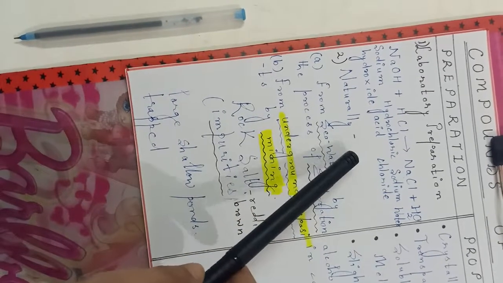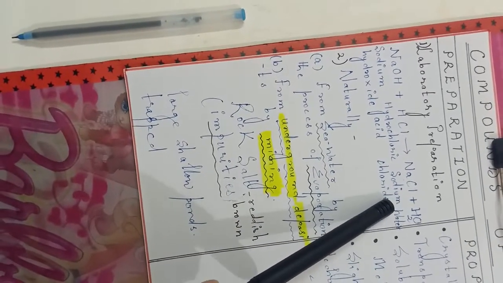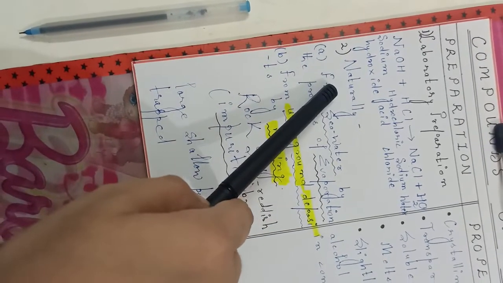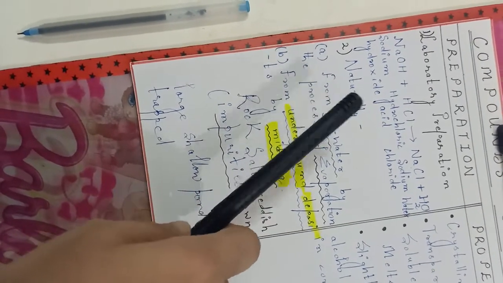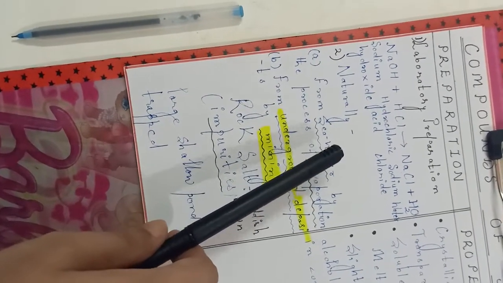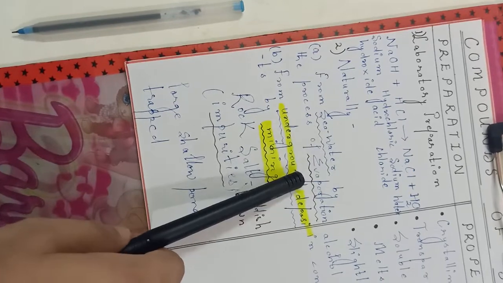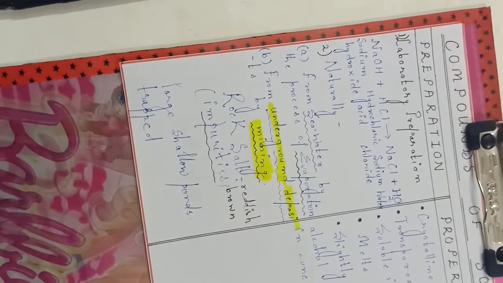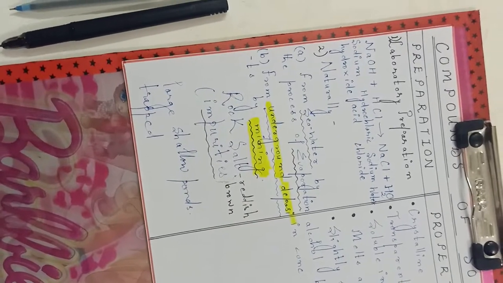The reason behind that is that sodium chloride is found in nature in abundance. Naturally, it is present in abundance. And where is it present? It is present in seawater. And from seawater, the sodium chloride is obtained by the process of evaporation. How come by the process of evaporation?